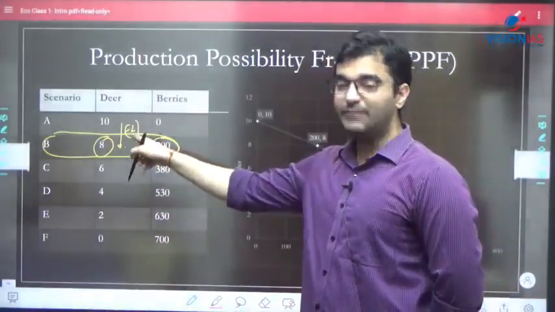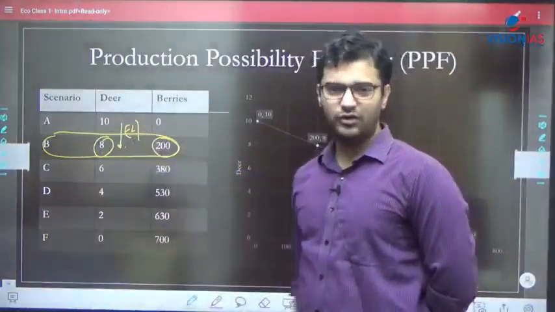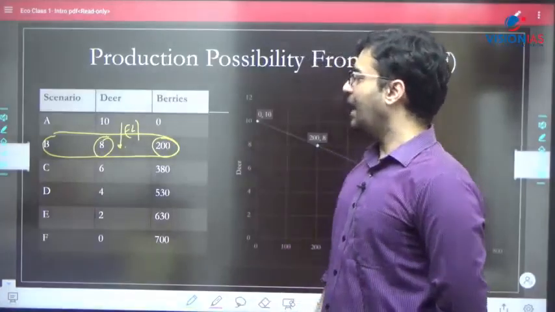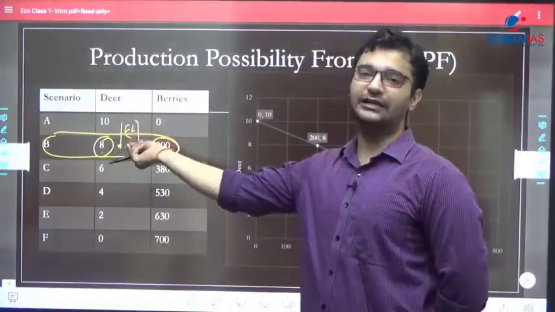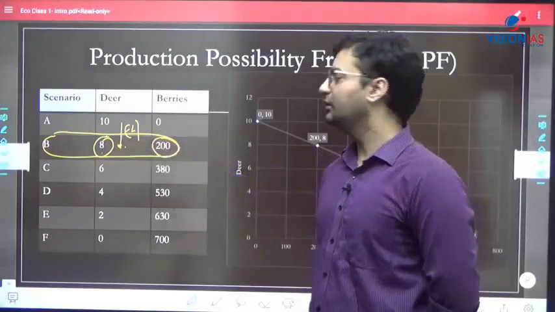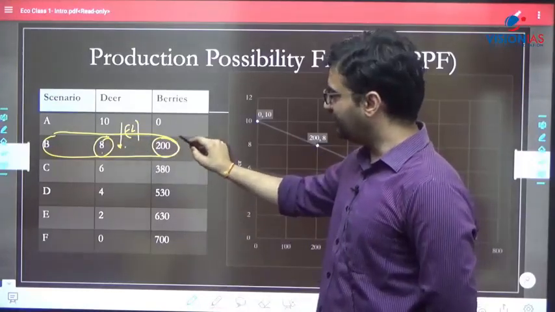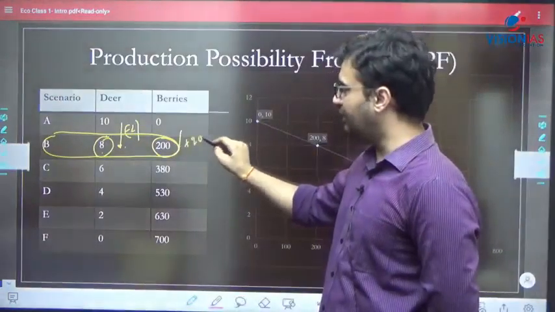You collect 2 deer less, and at the cost of not hunting these 2 deer, what is your benefit? Your benefit is plus 200 berries.